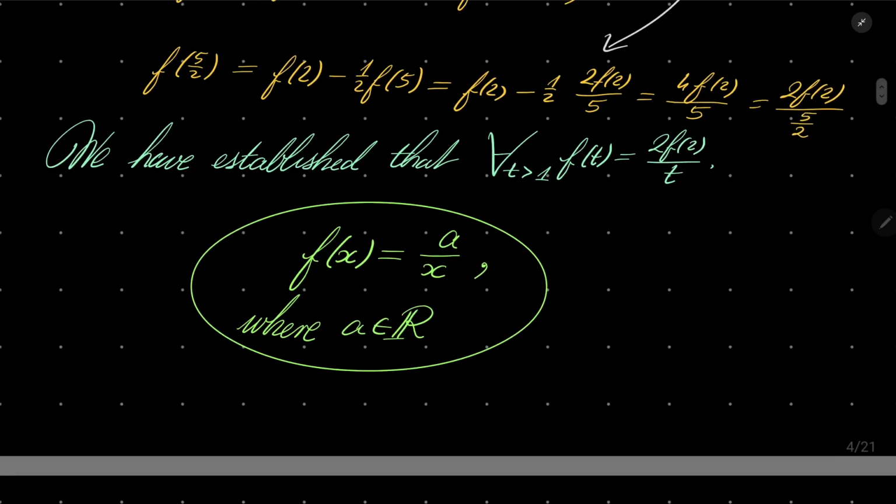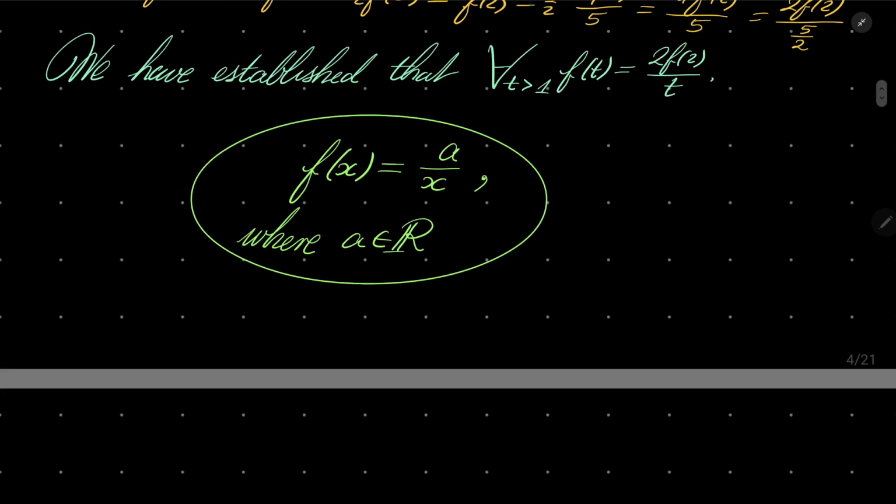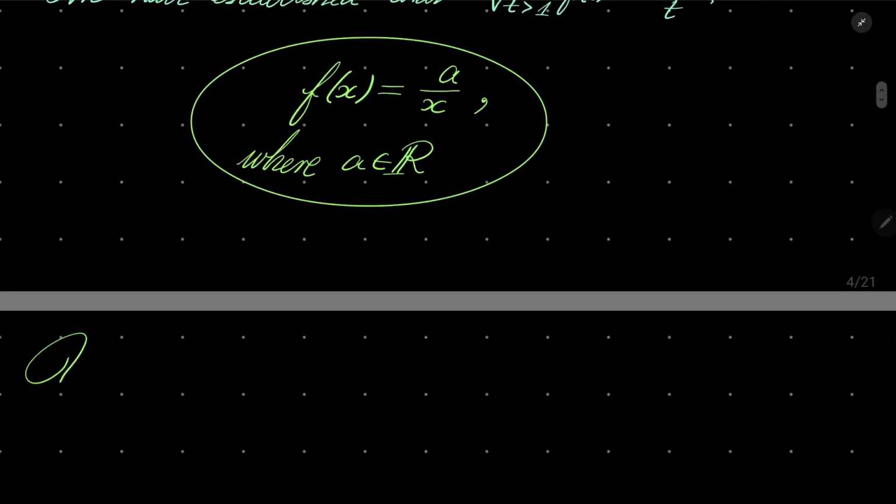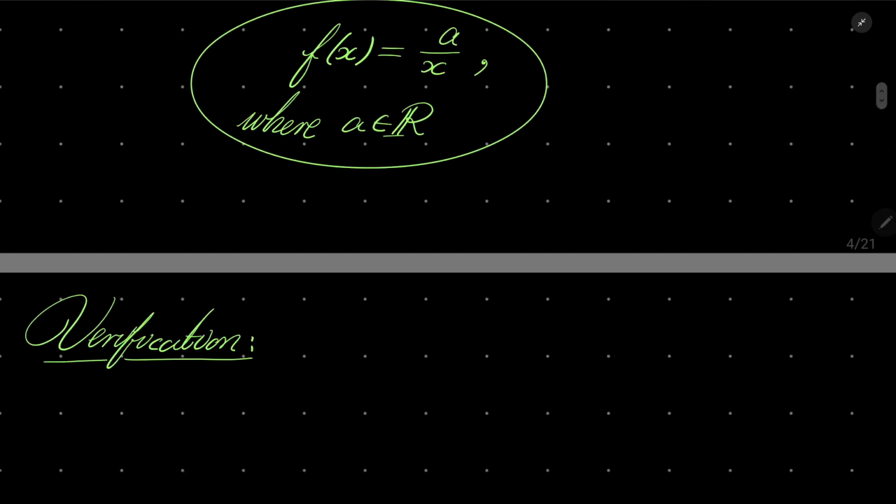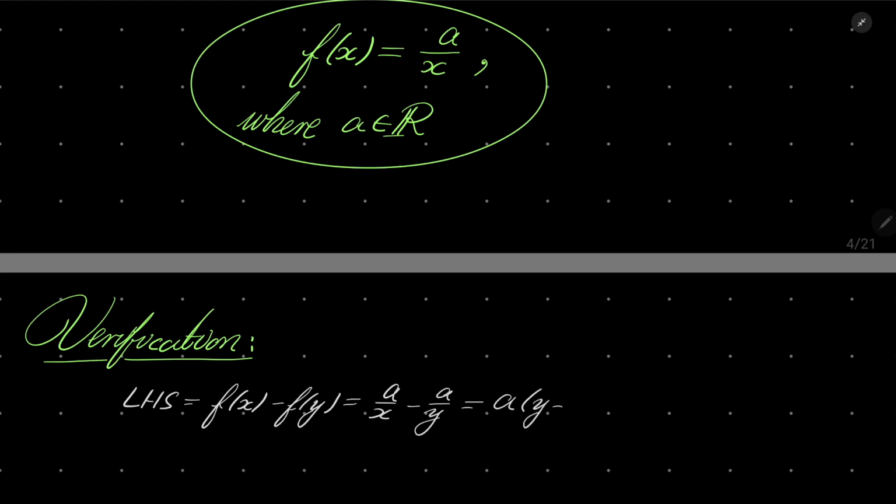And let's do finally the verification. Verification is very quick. On the left hand side, we have f of x minus f of y, which is a over x minus a over y, which is, we can write it as a times y minus x, 1 over xy, and maybe let's put a right here.